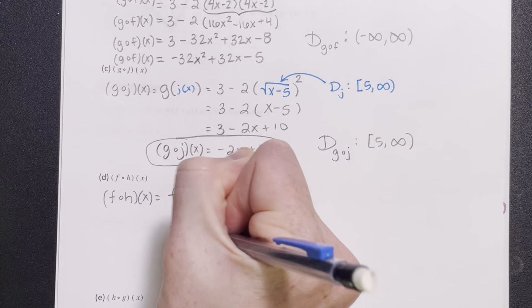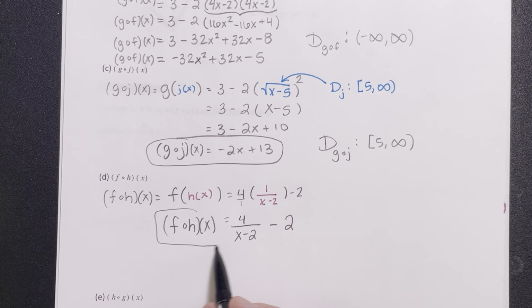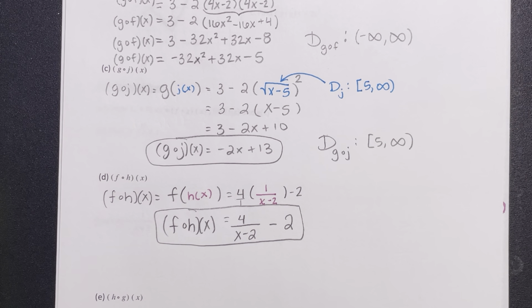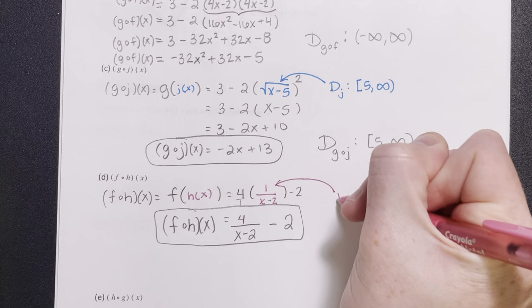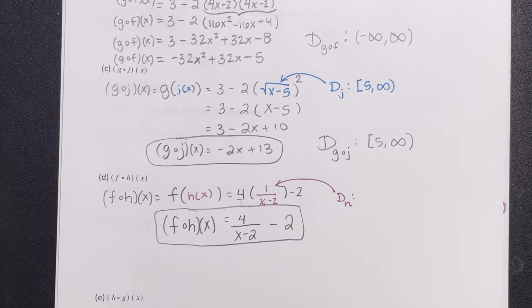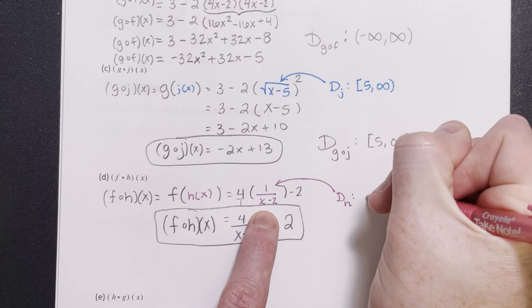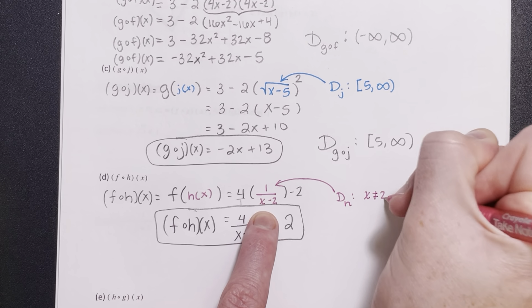This composition we can leave as 4 over x minus 2 minus 2, but we still want to think about the domain. The domain of h is being brought into that composition, and it has its own domain issue because it is a rational expression. So x cannot be 2.